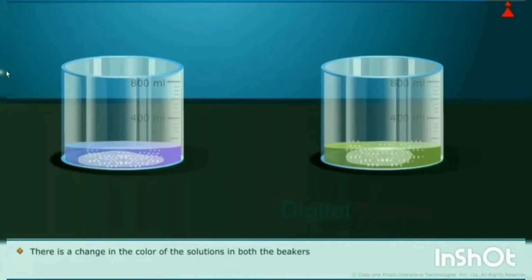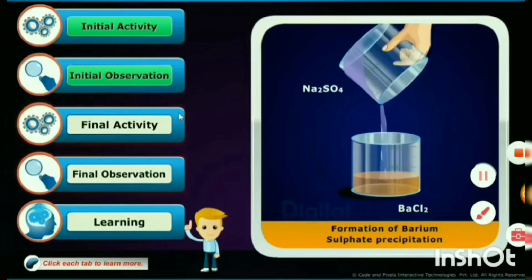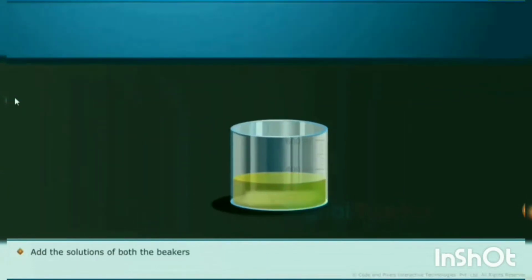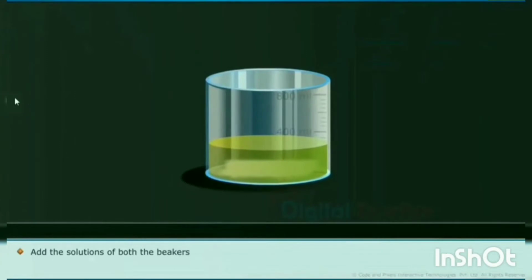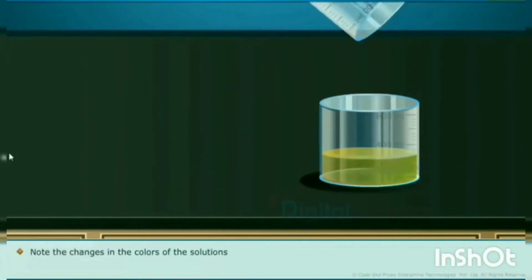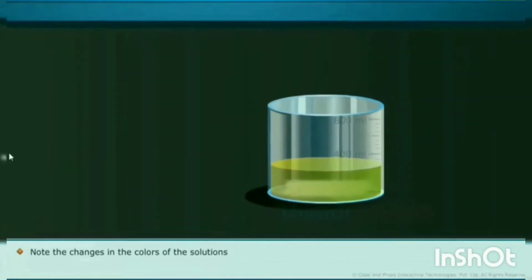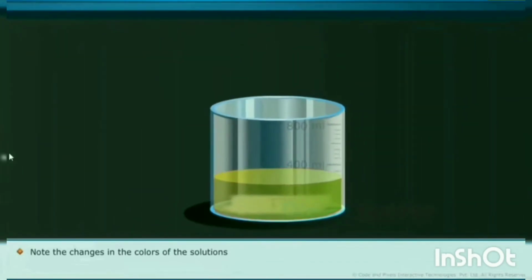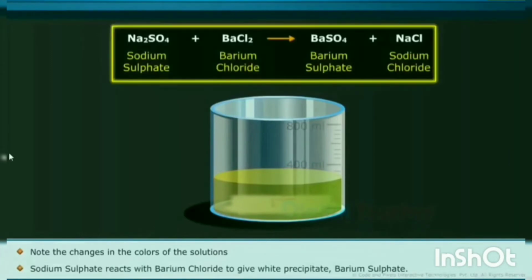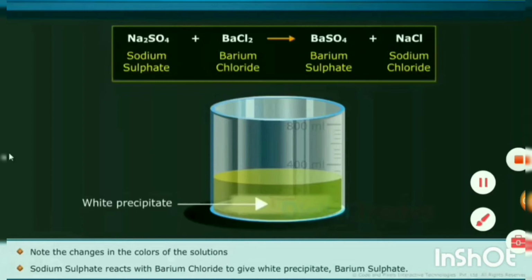Then we mix both the solutions in one beaker and observe the changes. What happens is that a white precipitate is formed, and this white precipitate is barium sulfate, along with soluble sodium chloride. So what we observe here is a change in color.